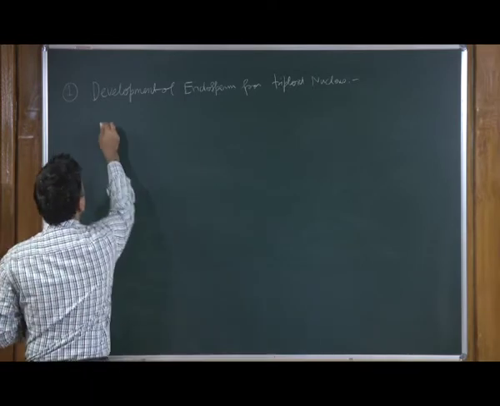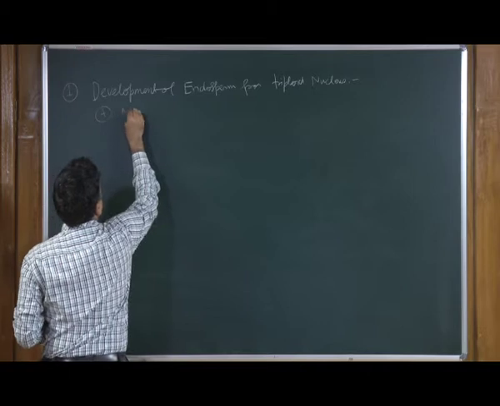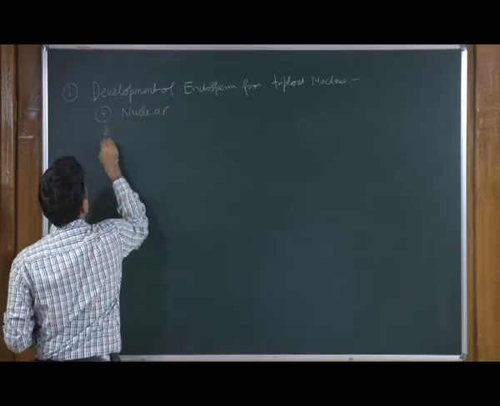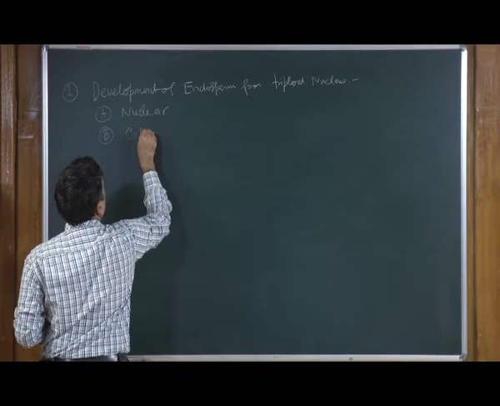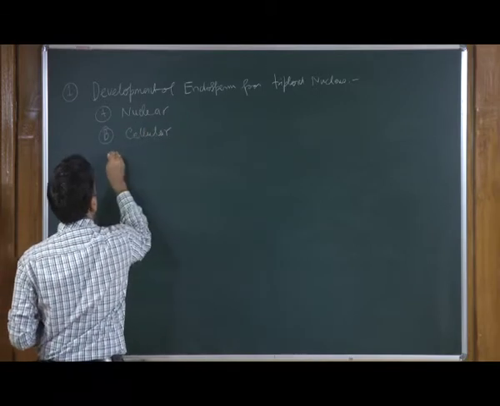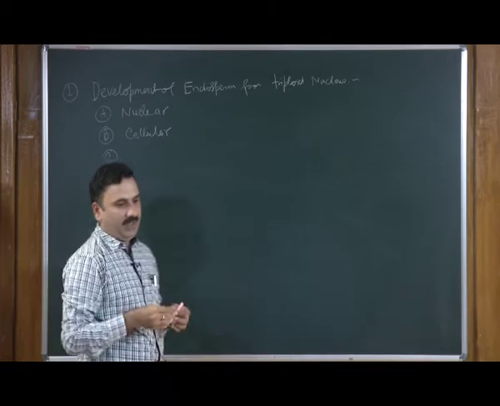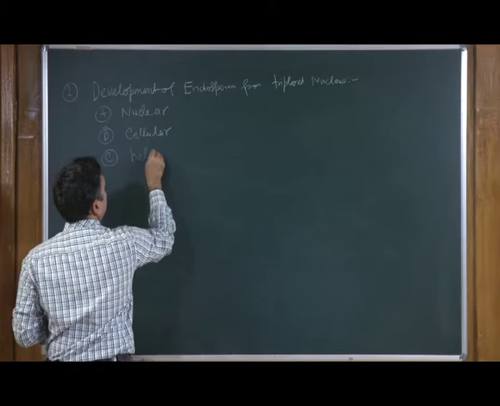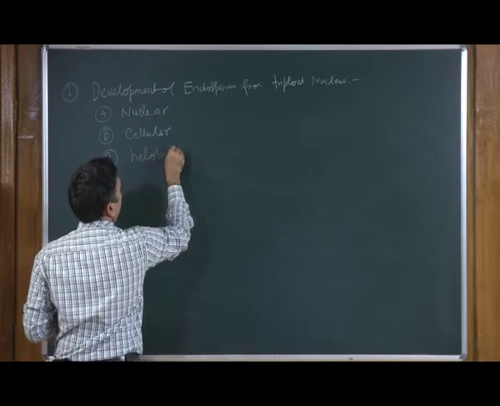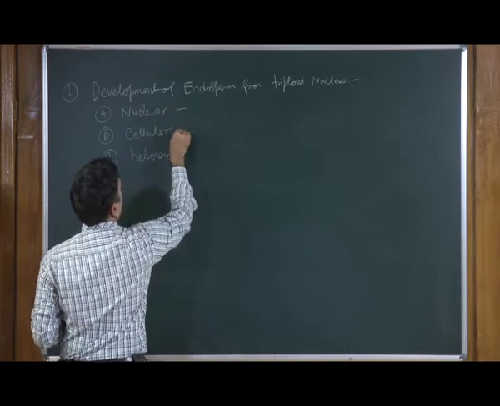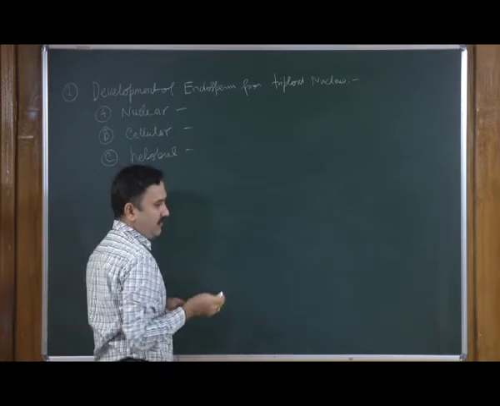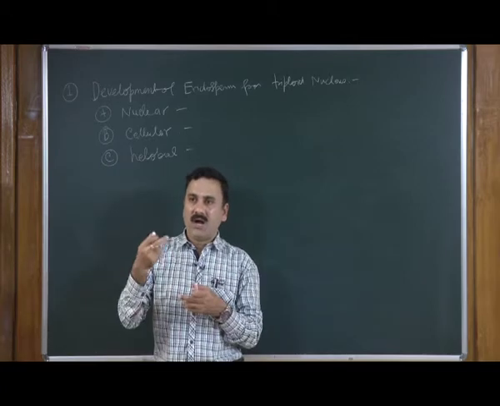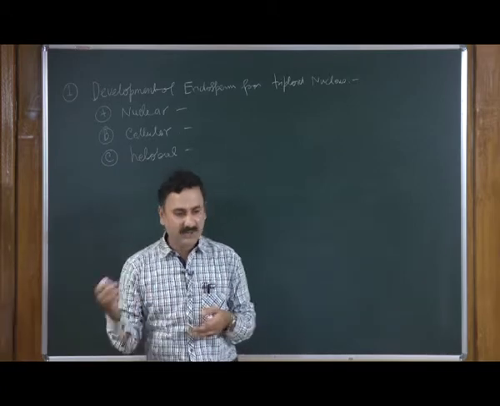It could be nuclear, it could be cellular, or it could be helobial. There is not much difference between them, except for the kind of cell division and nuclear division these three endosperms follow during their development.